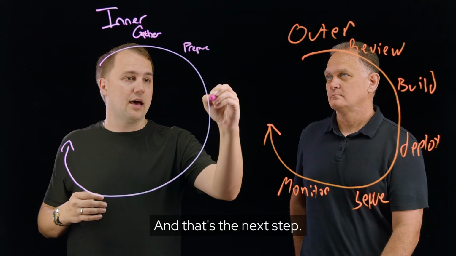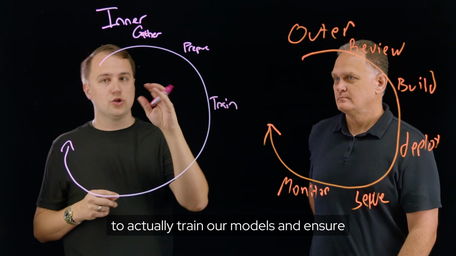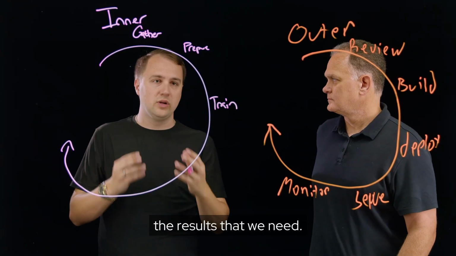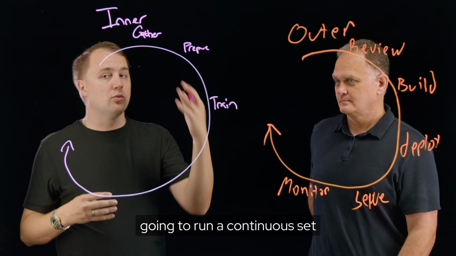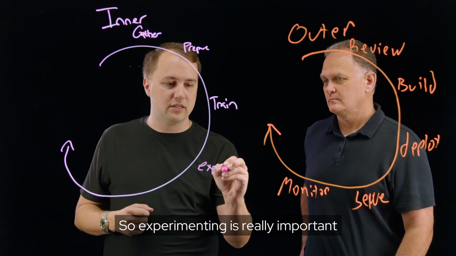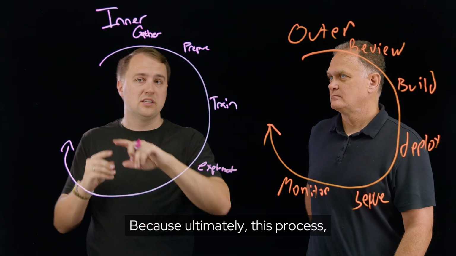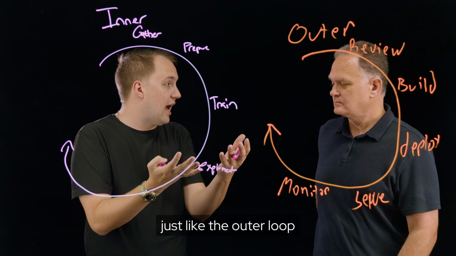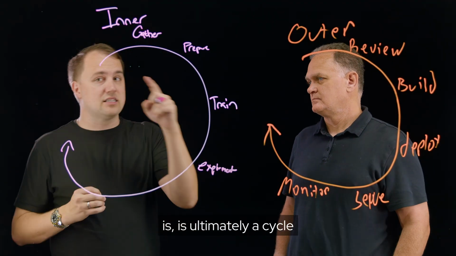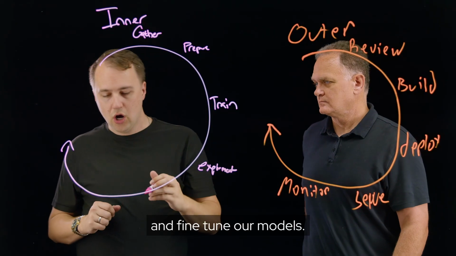And that's the next step. We take that data and use it to train our models and ensure that they're giving us the results that we need. As a part of that, we're going to run a continuous set of experiments. Experimenting is really important because ultimately this process, just like the outer loop, is a cycle that we're going to continue to work through to build and fine tune our models.